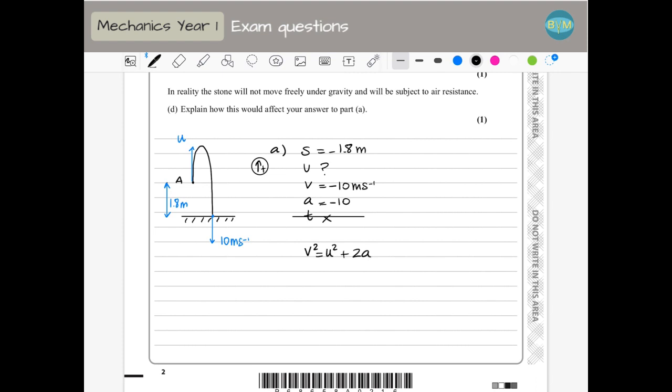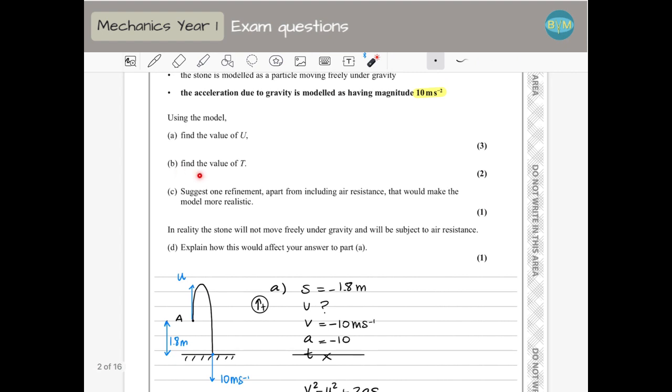So v squared is minus 10 squared, equals u squared, which is what you need, plus 2 times a, which is minus 10, times minus 1.8. From here you find two values of u, one positive, one negative. We pick the positive one, which is 8 meters per second, and that's the first part.